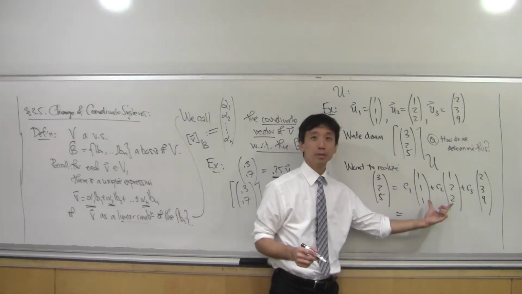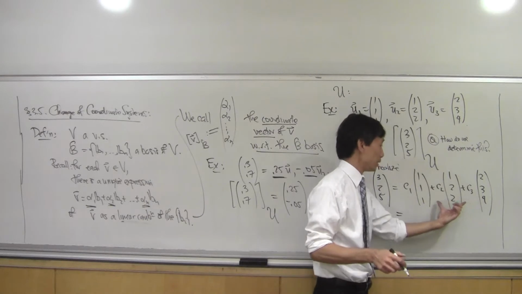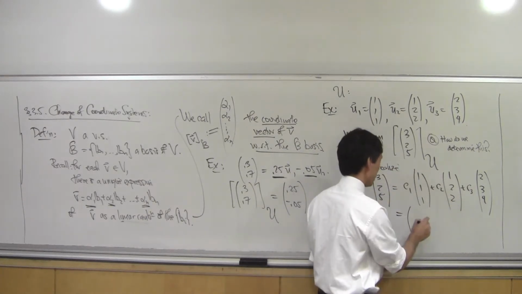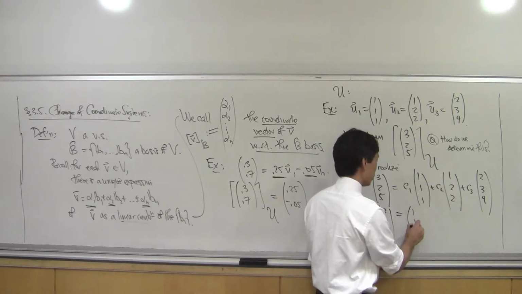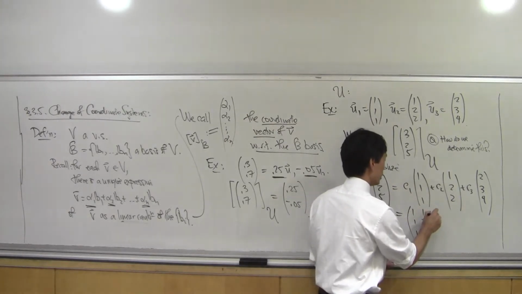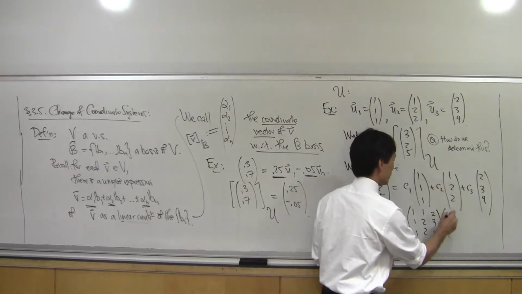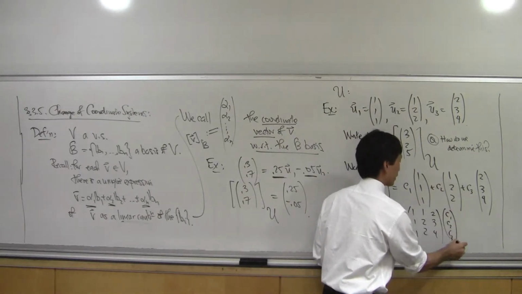In matrix language, this is the same as saying that we want (3, 2, 5) to be the matrix with columns (1, 1, 1), (1, 2, 2), (2, 3, 4) times (C1, C2, C3).